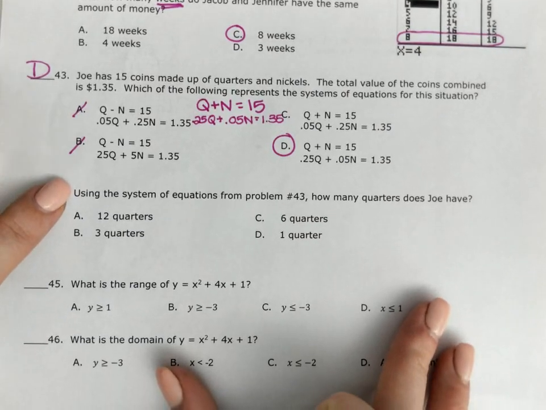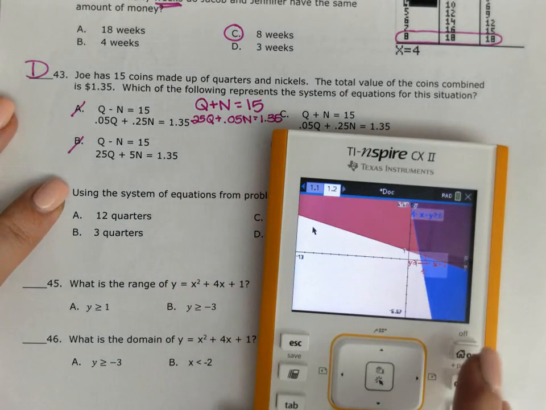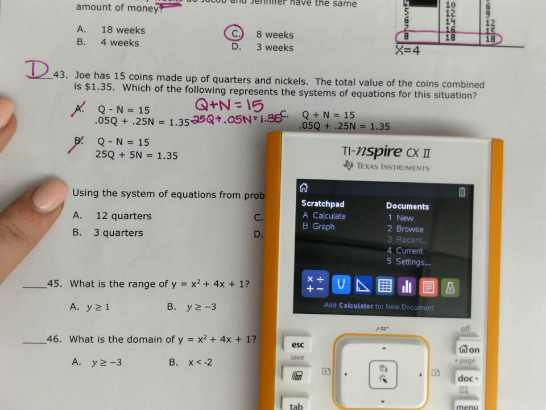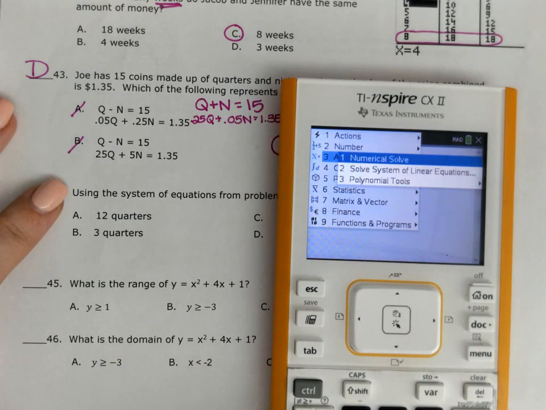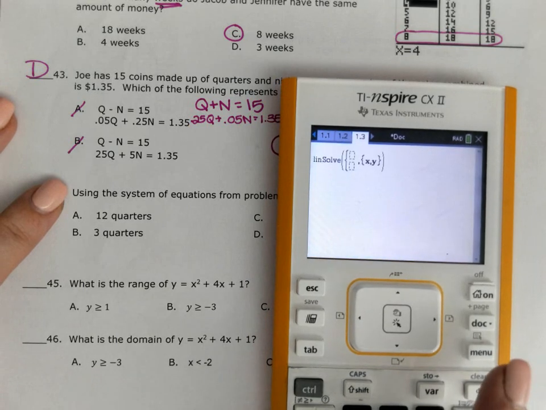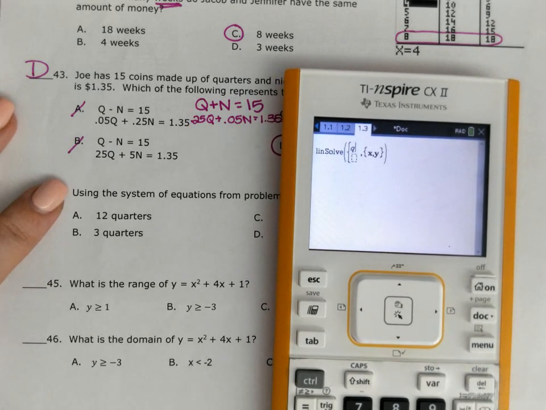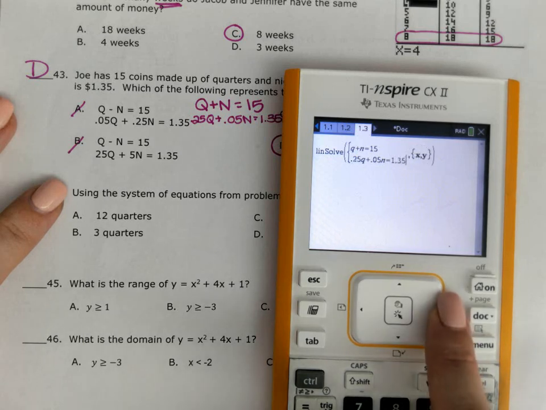Now, using that system, how many quarters does Joe have? So to solve the system, we go to the little add, subtract, multiply, divide menu, Algebra 2, and we're going to type in our equation. So quarters plus nickels equals 15. And then 0.25Q plus 0.05 N equals 1.35.